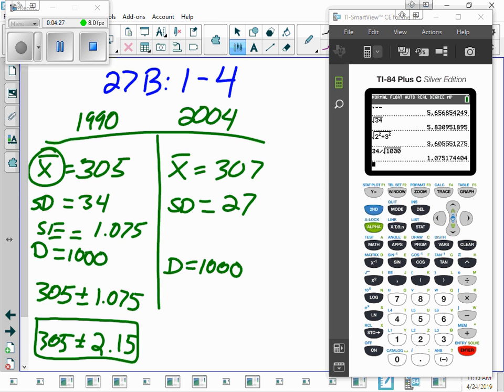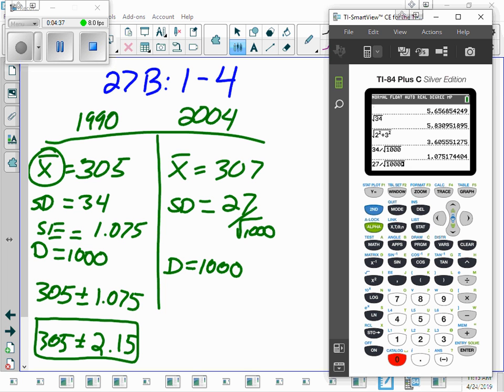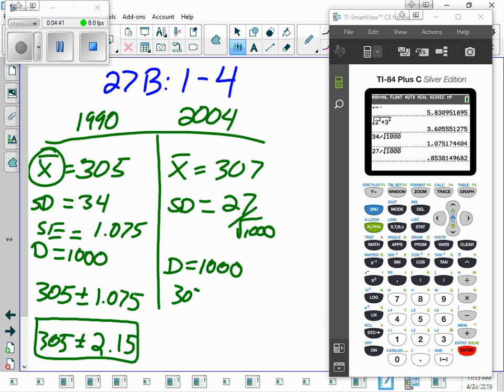On the other side, we're going to divide 27 by the square root of 1,000, and I get 307 plus or minus 0.85. So my confidence window is 307 plus or minus 1.7.